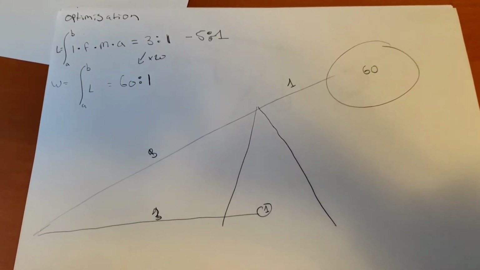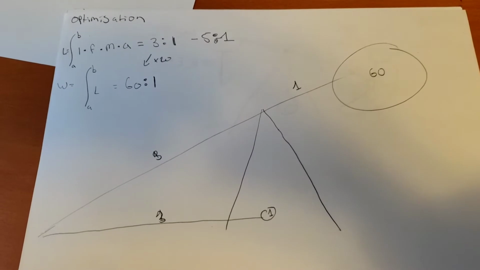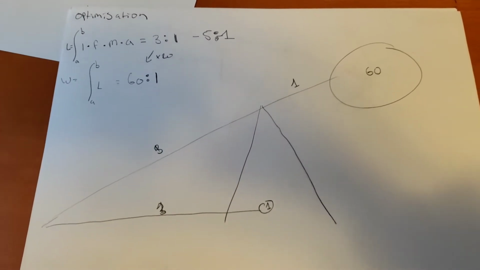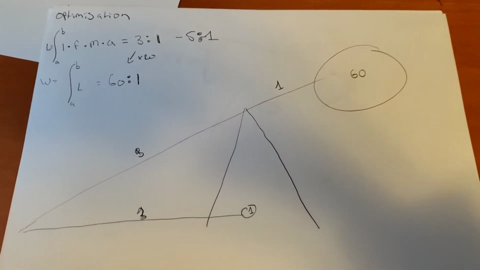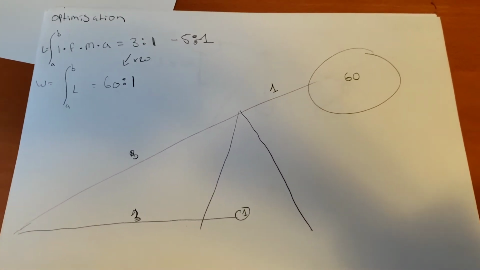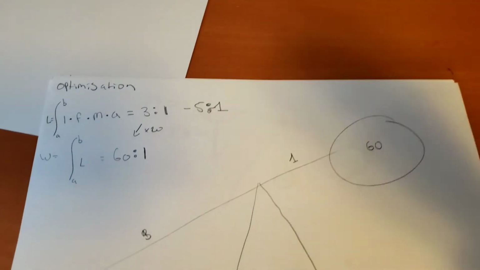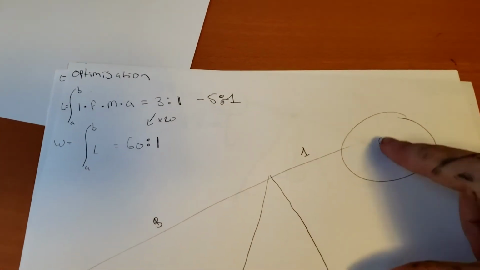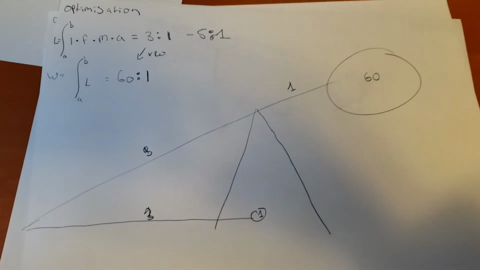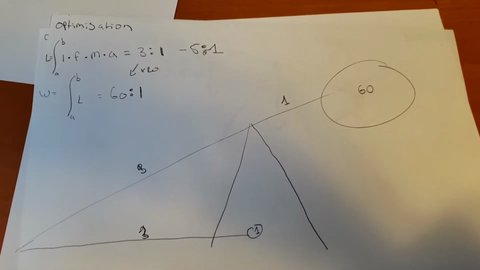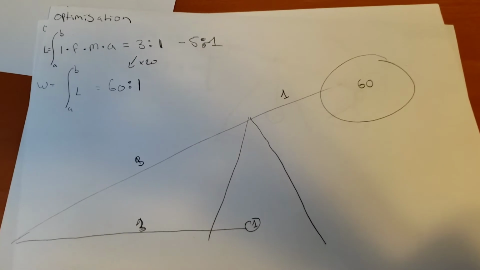Now let's discuss optimization. We know that this big 60-pound weight has lots of potential energy. In fact, it's at the max potential energy that it can be in this system. So by the time this 60-pound weight gets down here, how can we use the most kinetic energy by converting that potential energy into kinetic energy?